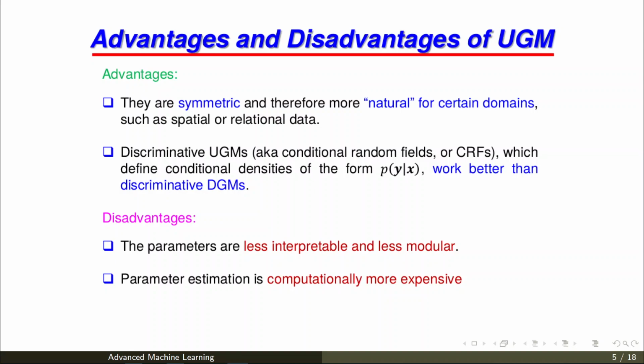Another advantage is that the discriminative undirected graphical models, which we'll see later, known as conditional random fields, are better than the discriminative directed graphical models.